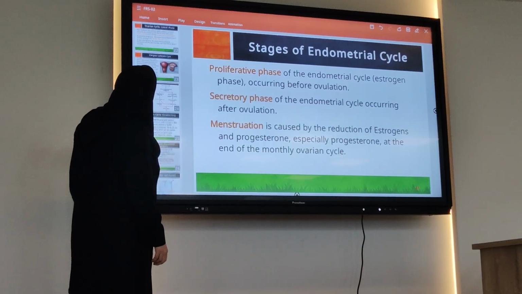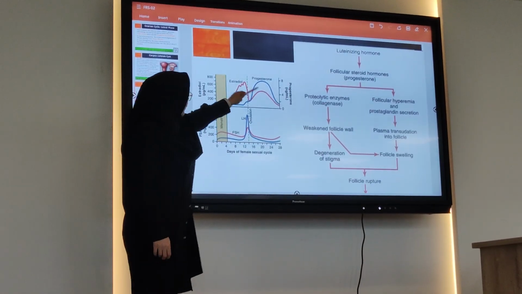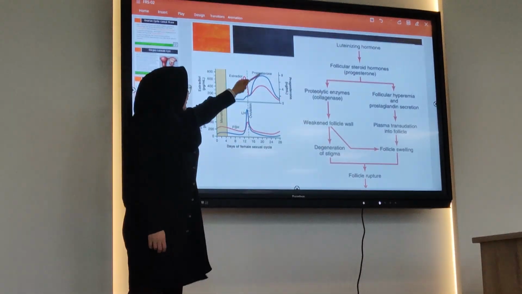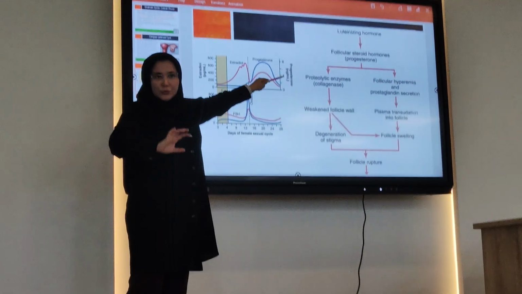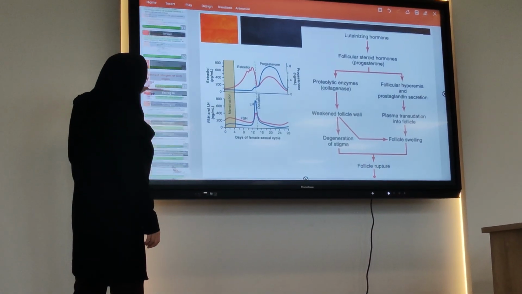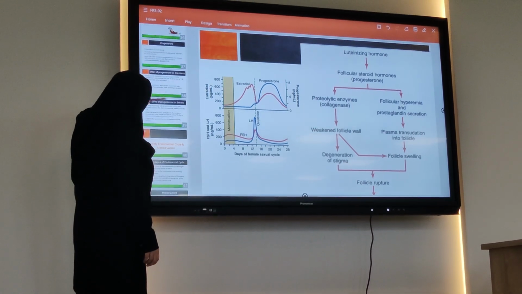If there is no pregnancy, the estrogen and progesterone start to drop, the corpus luteum converts into corpus albicans, and menstruation happens.